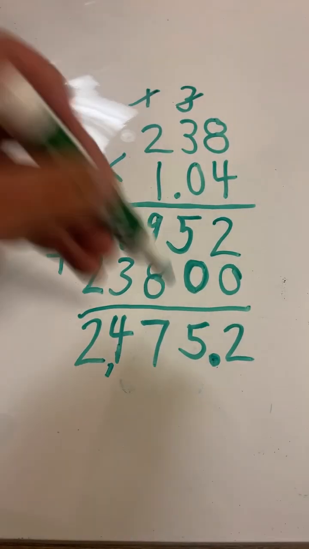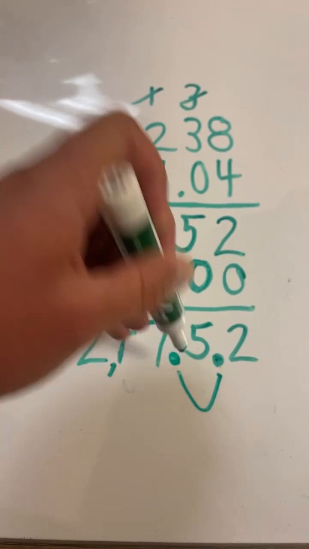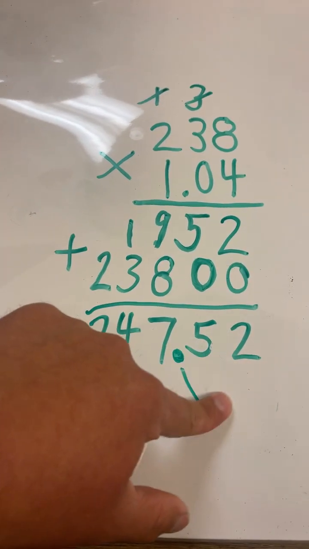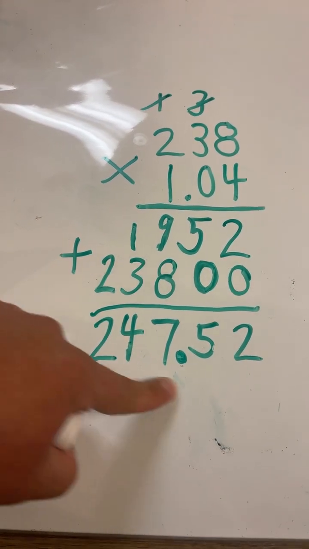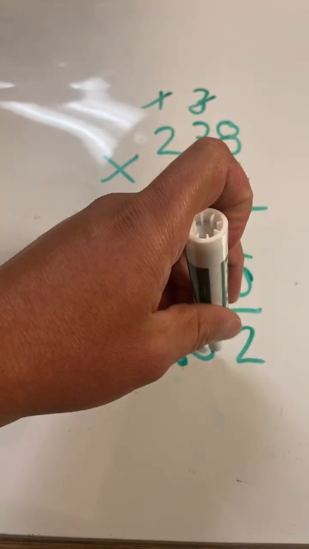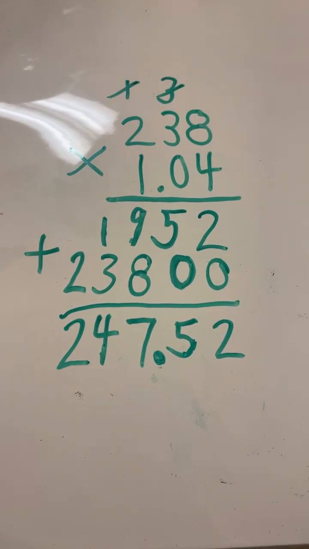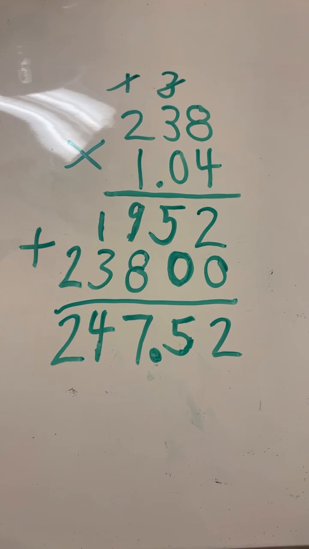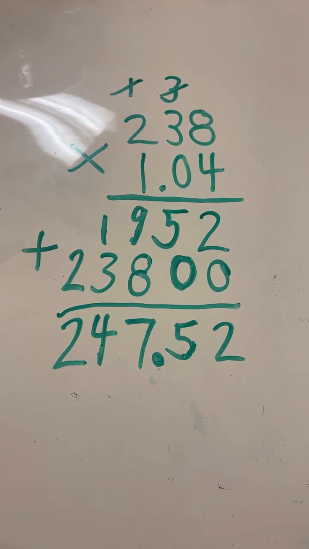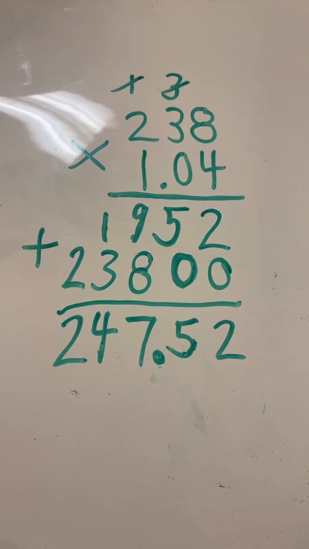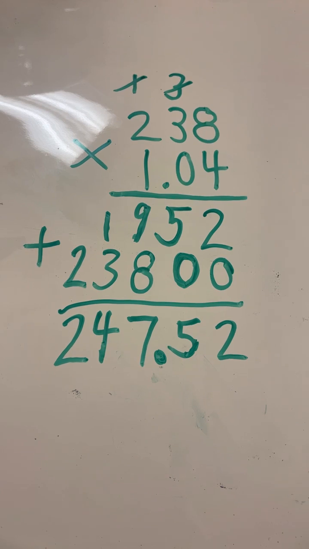I have to move it over 2 places. So I'm going to move it over 1 more place. And we have our final answer now. 238 times 1.04 is equal to 247.52, or another way to say it, 247 and 52/100ths.